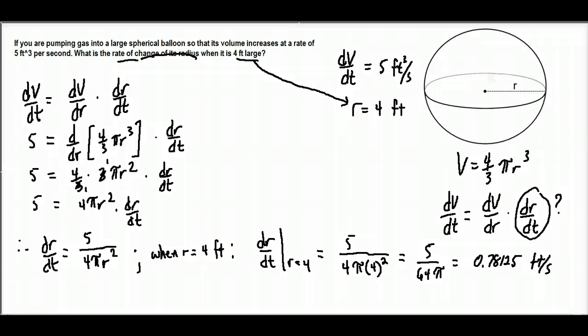And so you see here, our answer will be, if the spherical balloon's volume is increasing at a rate of 5 cubic feet per second, when the radius is 4 feet large, then that means the radius is increasing at a rate of 0.78125 feet per second.